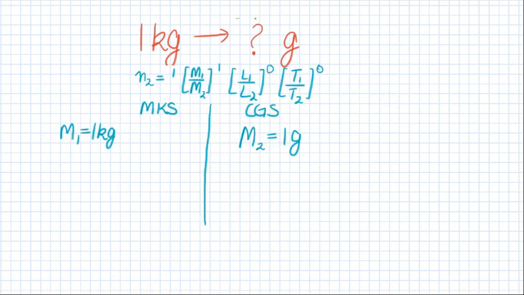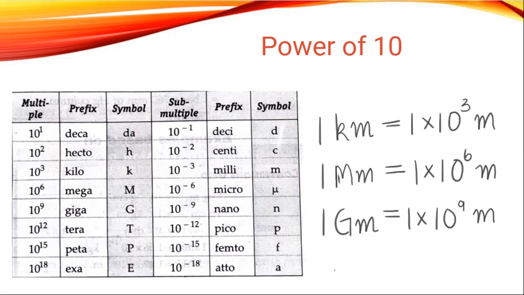Fine. So now look here, in this MKS unit, your mass is given in kg. M1 is 1 kg, and in the CGS unit you are given M2 in grams, 1 gram. Now if you remember the order of 10, we have discussed this in our lesson 3.